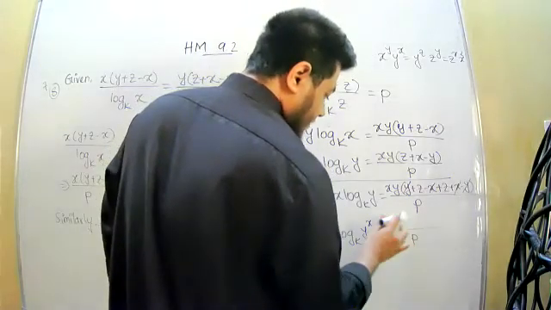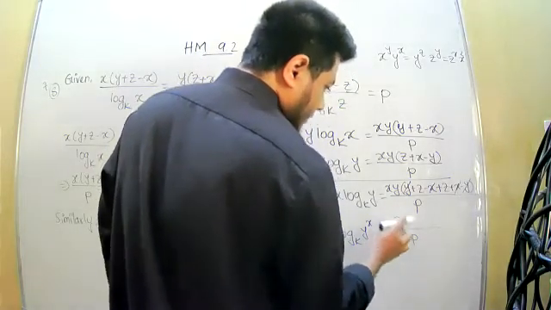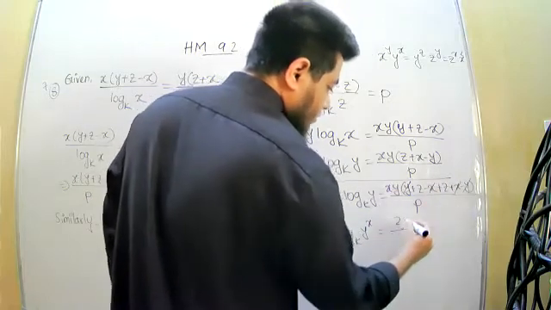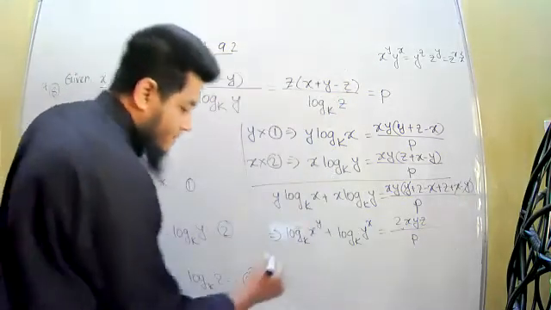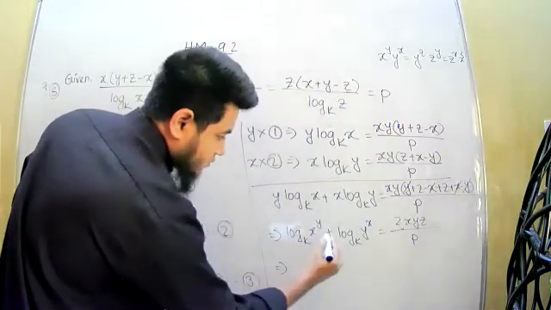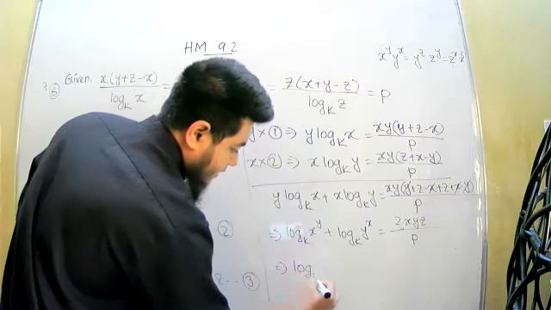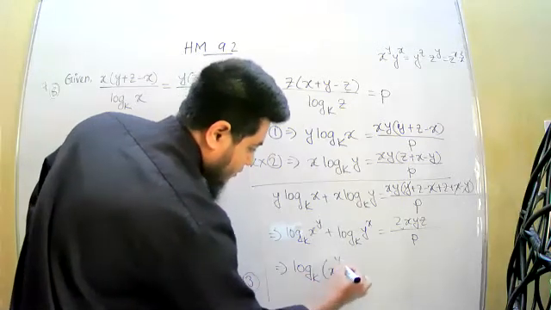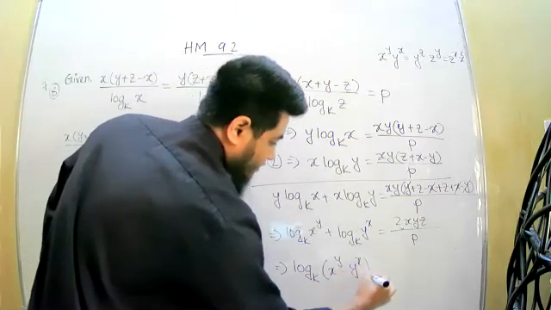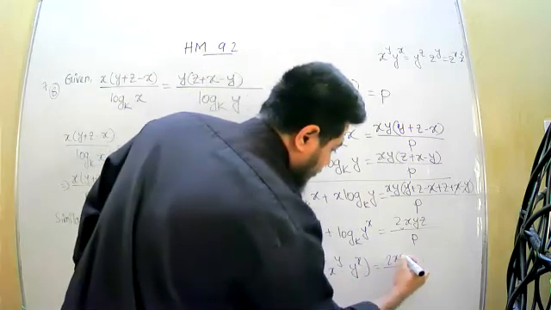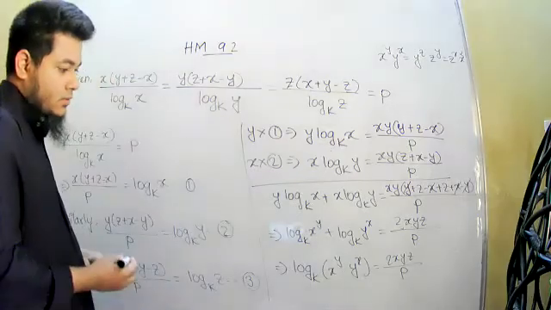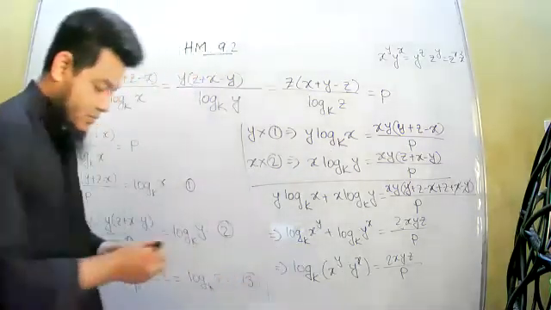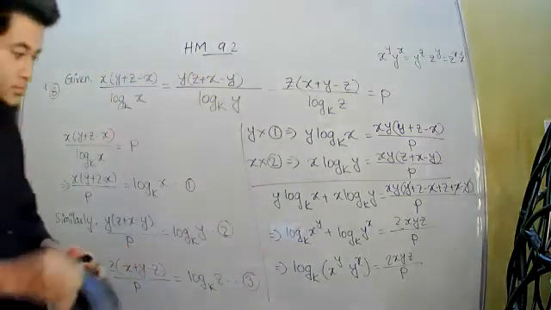So xy into 2z, so 2xyz. Okay. So as we have plus here, we can write log k base x to the power y into y to the power x is equal to 2xyz divided by p. Okay. Then what we can write next?